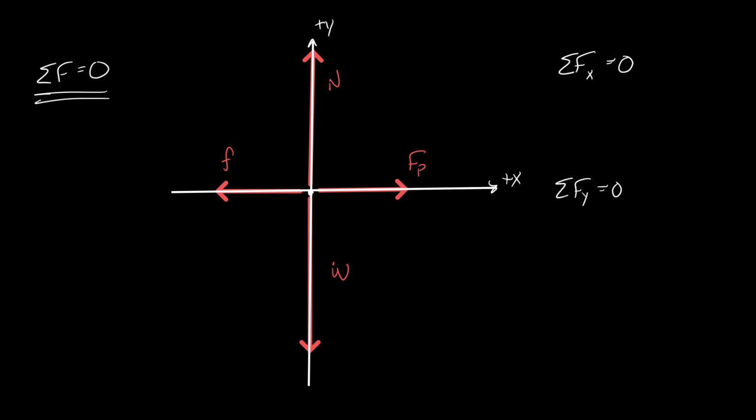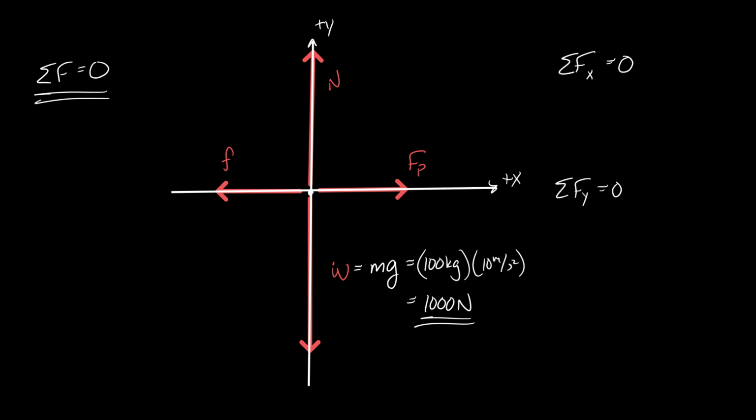The mass of the box is 100 kilograms. So weight is, how do I calculate weight? Mass times gravity. All right, mg, mass times gravity, so that'll be 100 kilograms times 10 meters per second squared. That's got to be 1,000 newtons. That is the weight.